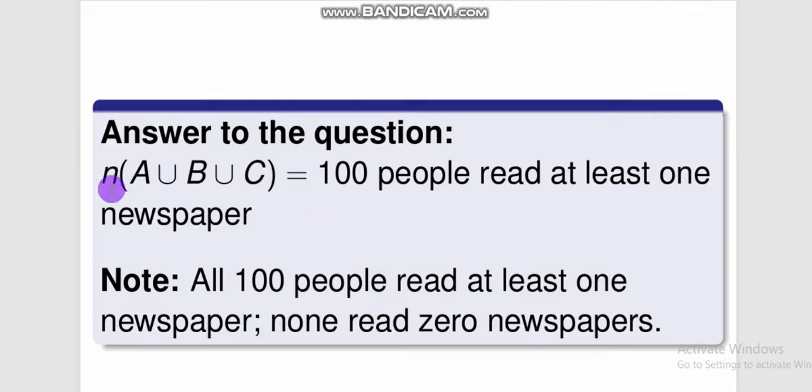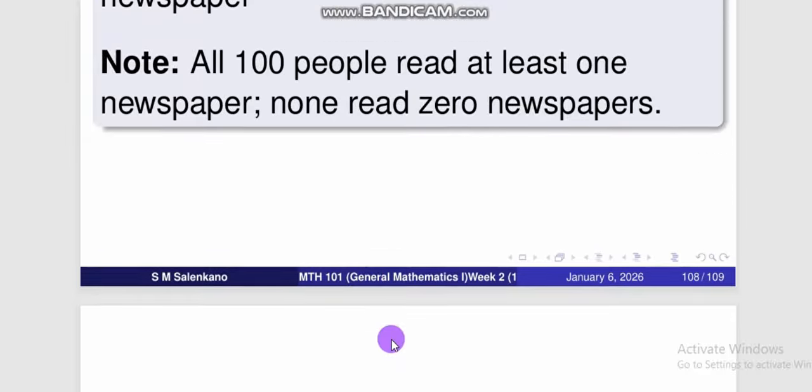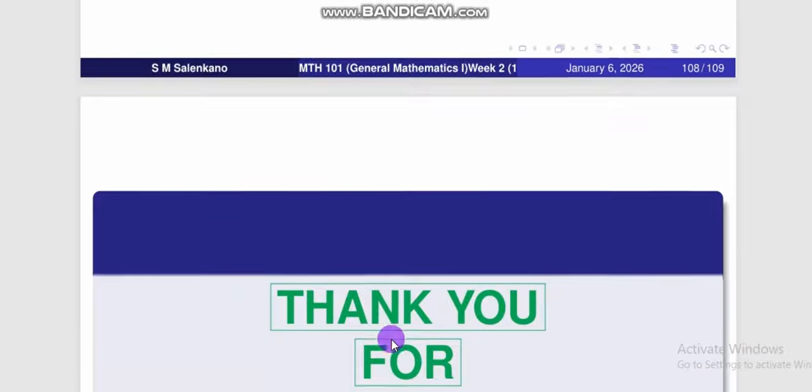So we have to unite those who read all the three. So we got 100 people read at least one newspaper. Here is the note: all 100 people read at least one newspaper. None read 0 newspapers, because we got 0 for the outside region, right?